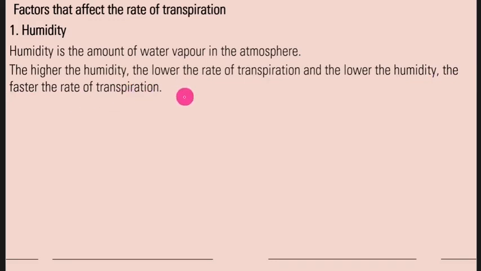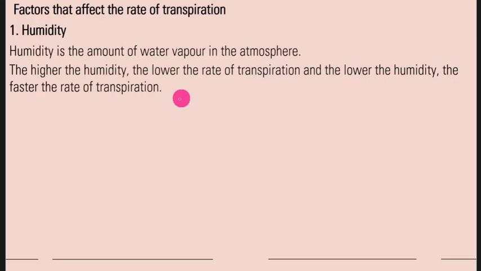So what is meant here is this: if the air has more moisture vapor, like it is very cool because maybe it has just rained, plants do not lose water from the leaves because water will not move into the atmosphere, since there is already water there.